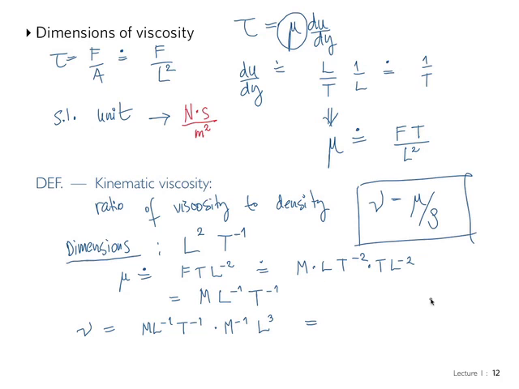Now we can cancel out the mass, and you see that we're only left with length squared, since minus 1 plus 3 gives 2. So we get length squared and time to the minus 1. The SI units are meters squared per second.